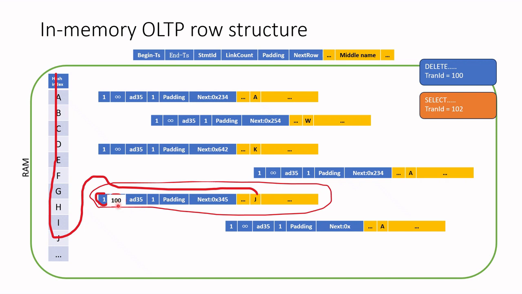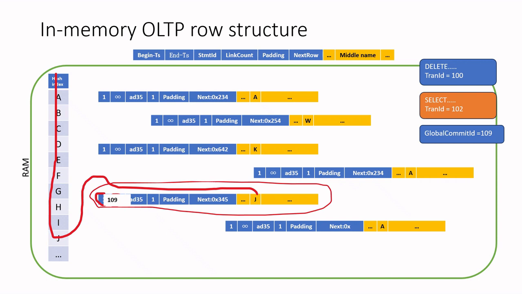Then it checks whether this transaction is complete or not. It finds out that this transaction is not complete and is in validation phase. As a result, it returns this row, as if this is not complete yet, let's take it. In the meantime, delete statement completes, registers global commit timestamp ID and changes the NTS to commit ID.